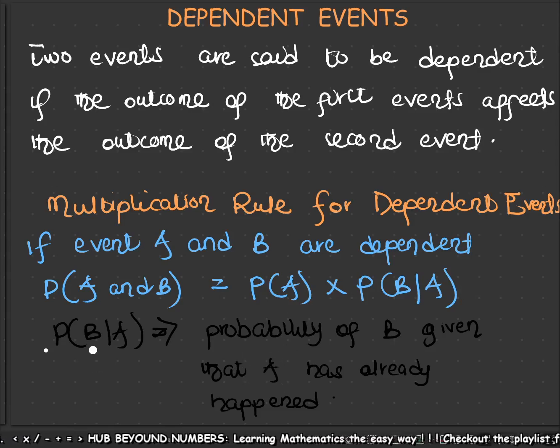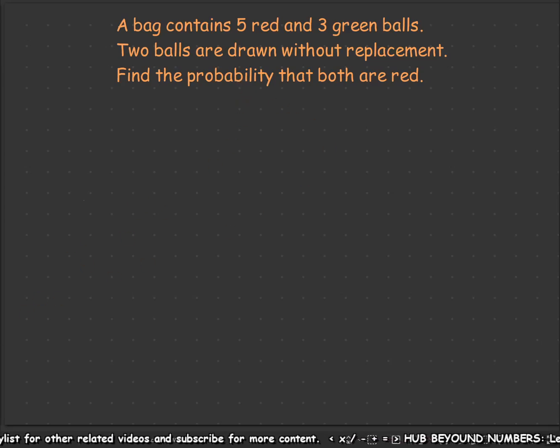I do believe you'd understand this more if we take some examples and solve. Looking at our first example, it says a bag contains 5 red and 3 green balls. 2 balls are drawn without replacement.